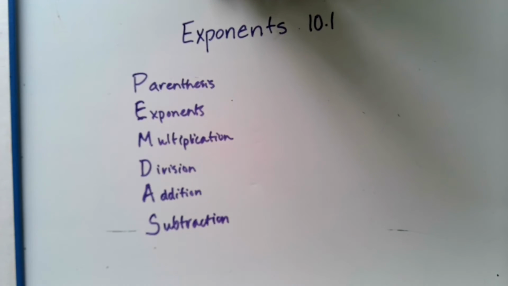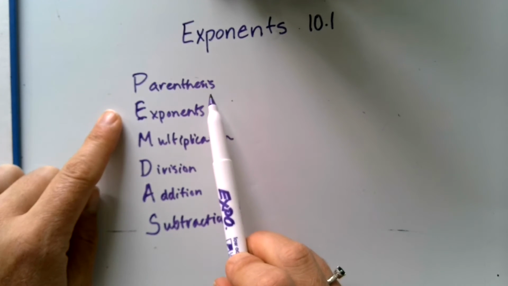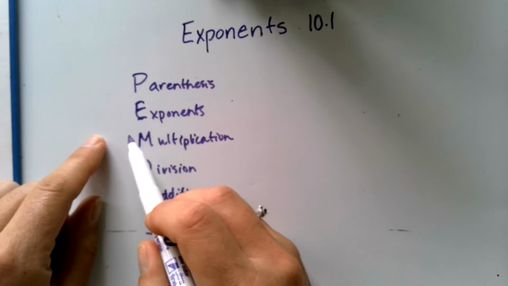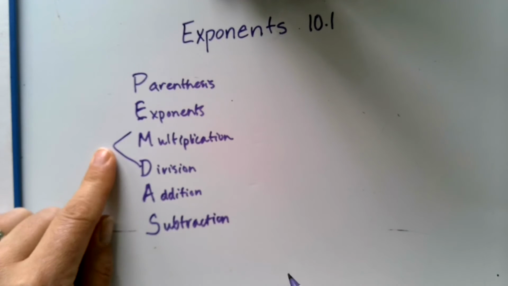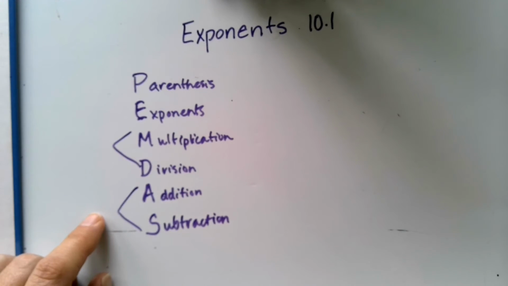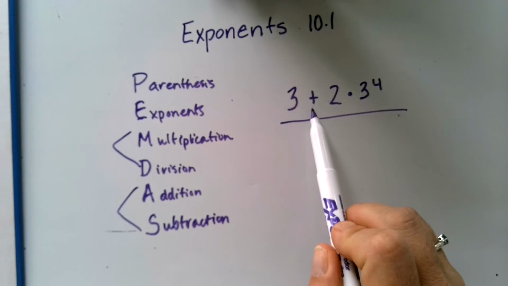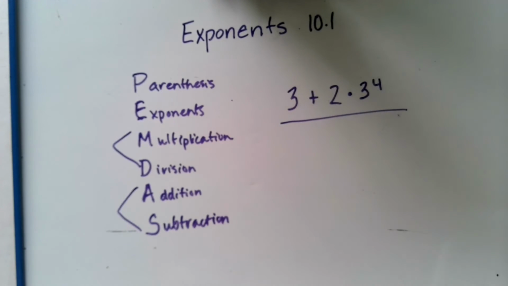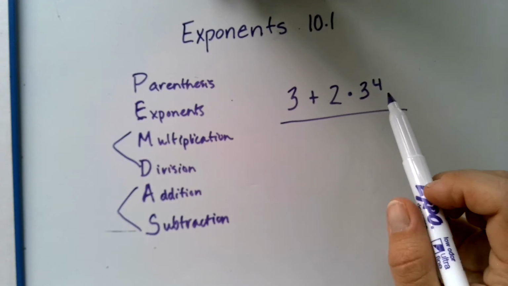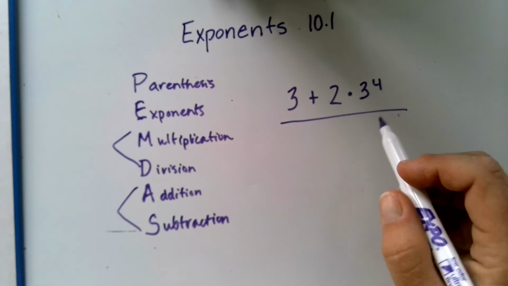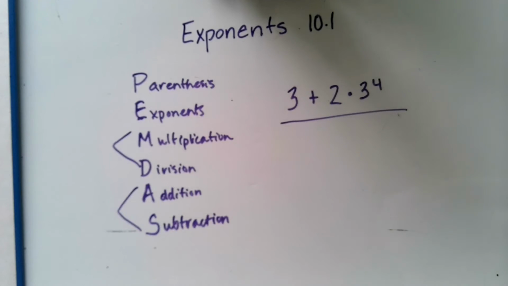As you're doing today's work, I want you to also remember the order of operations. First, you're going to evaluate parentheses, then exponents, then multiplication and division get evaluated together, and addition and subtraction get evaluated together. So if you were evaluating this expression, you have addition, you have multiplication, and you have exponents. So the first thing you have to do is do your exponents. So 3 to the fourth is going to be 3 times 3 times 3 times 3, which will give us 81.